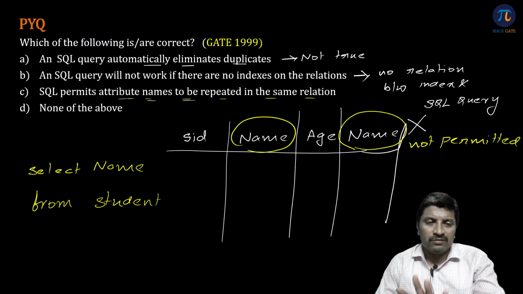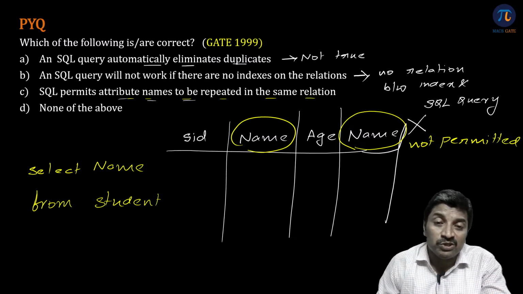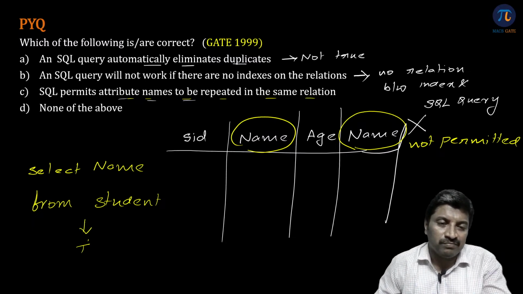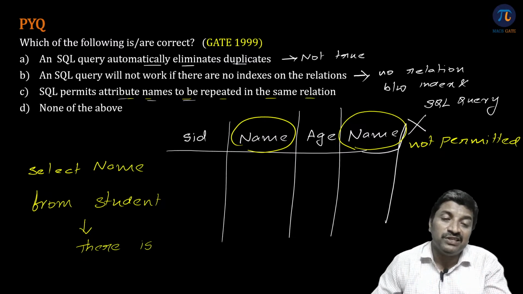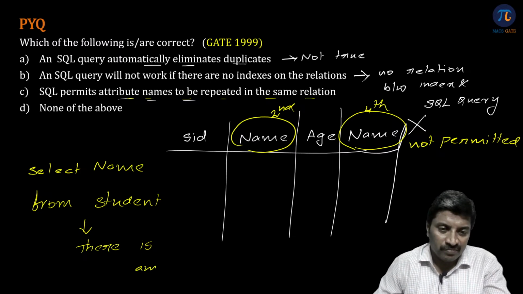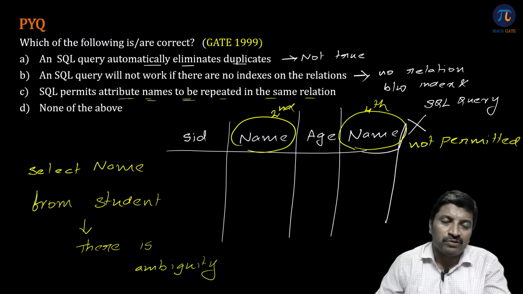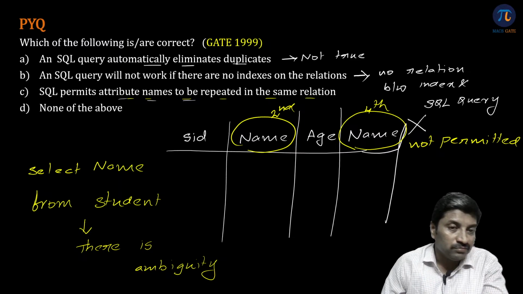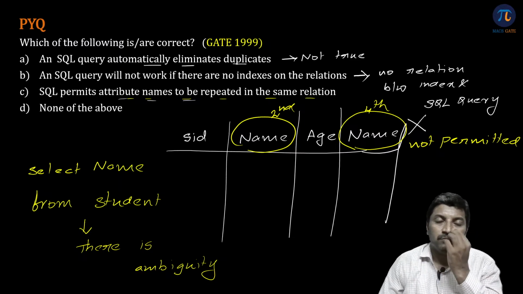Then which column do we want to display, the first column or the second column? There is an ambiguity, sir. It cannot decide whether it is the first name or the second name. So that's why SQL doesn't permit having the same name two times, three times.